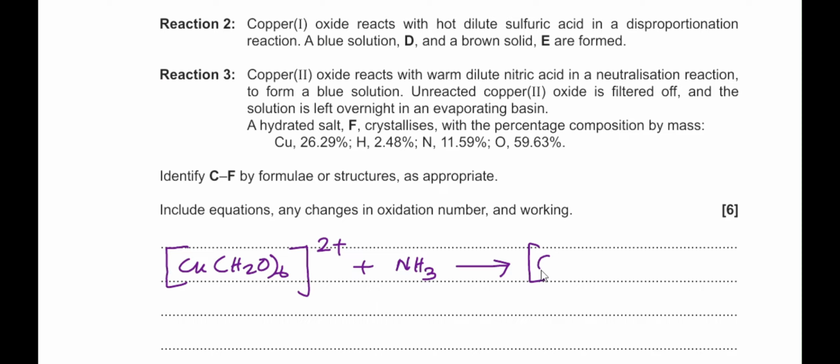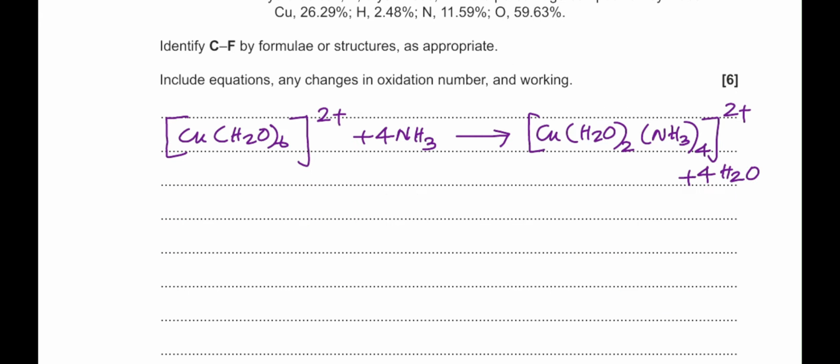Therefore, it forms [Cu(H2O)2(NH3)4]2+, and the same 2+ charge remains, plus some water molecules. Will balance it now. To balance this, we have to put 4 NH3 here and 4 H2O here. This is a deep blue complex ion.